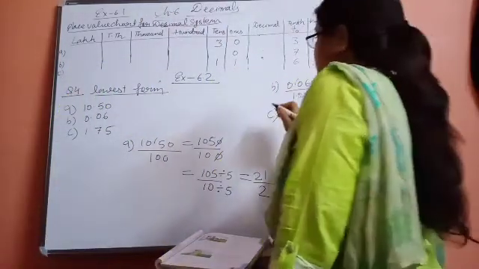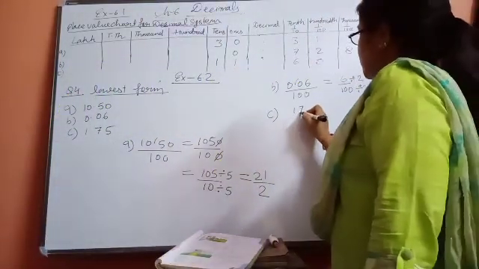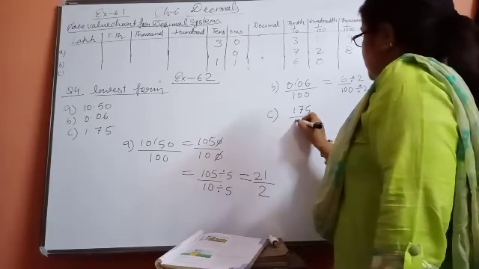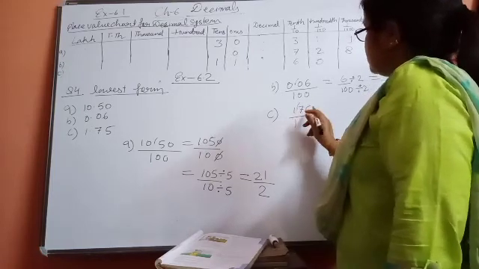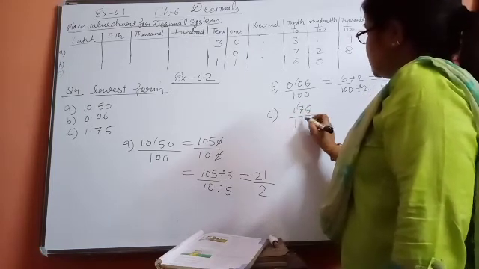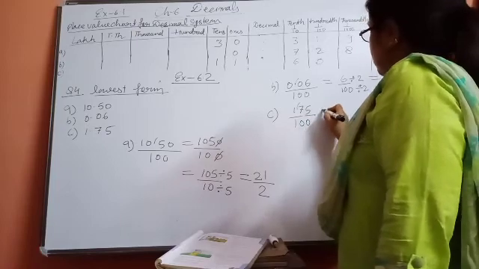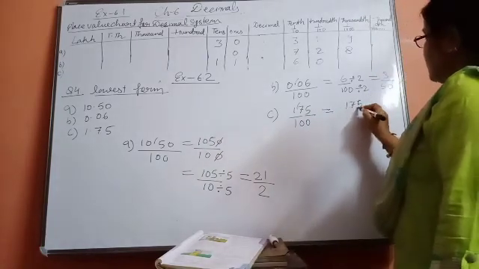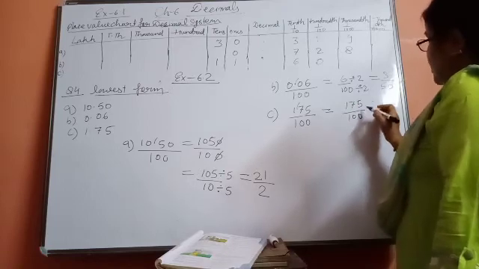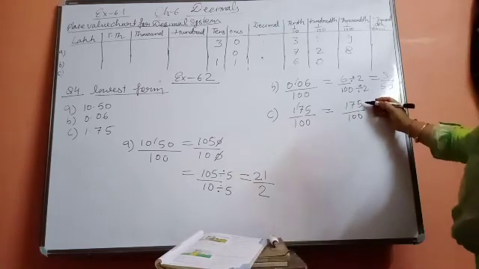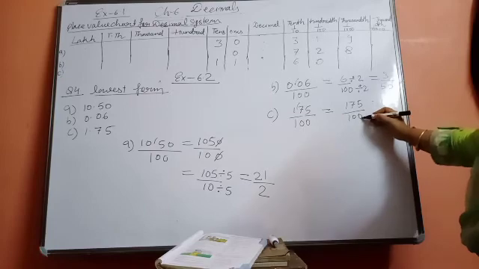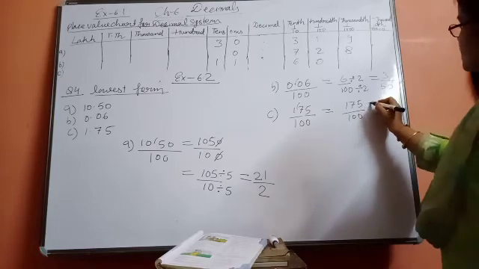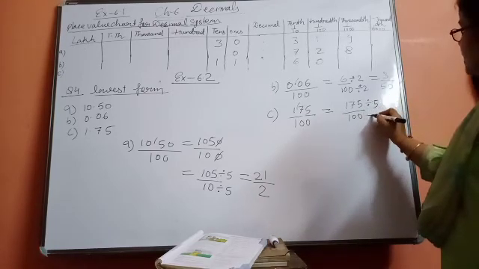Now see C part, 1.75 is there. How will you do? Write 1 in the denominator. Remove this decimal. After the decimal, how many digits are there? 2. So increase 2 zeros here in the denominator. So it will be 175 divided by 100. Now with the help of divisibility, the unit place is 5, here the unit place is 0. So both numbers are divisible by 5. So divide them by 5.